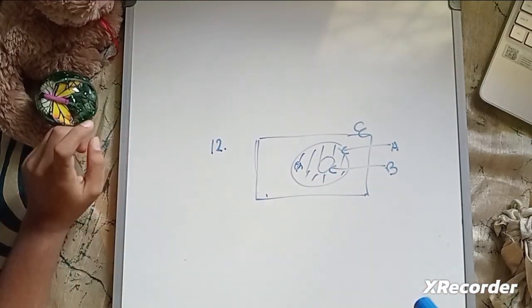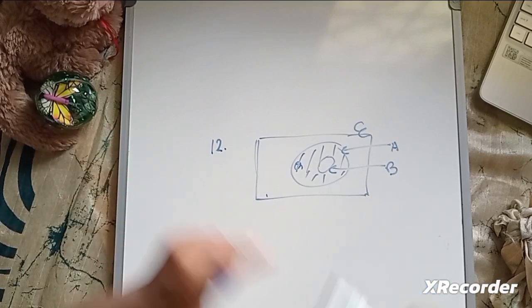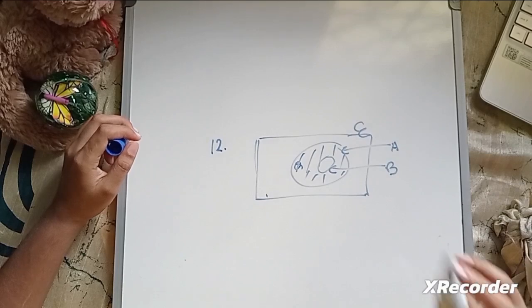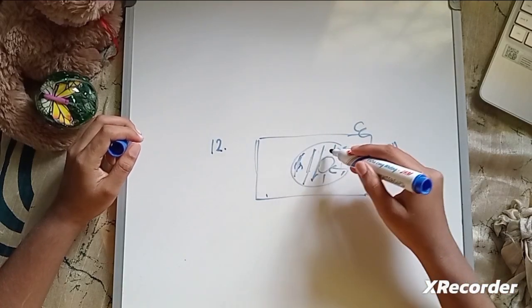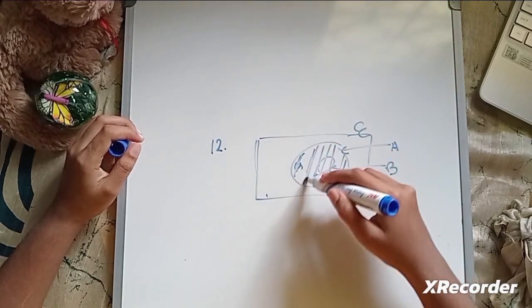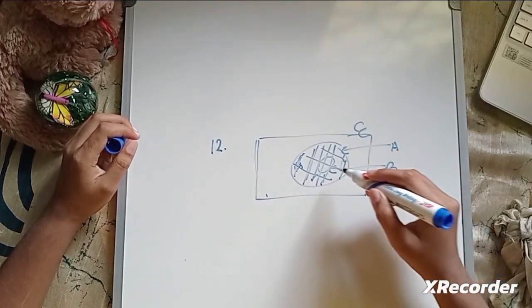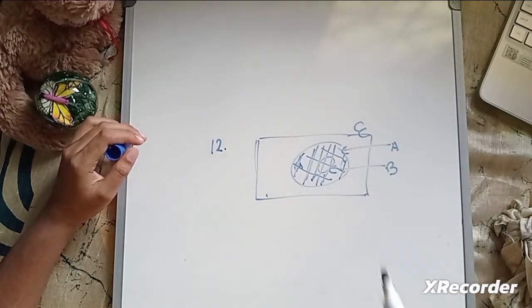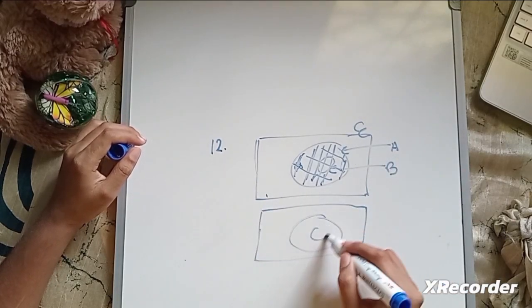and B dash or B complement. Sorry, all the elements of A belong to this set. So all this area we can say is A, and we can draw B dash.